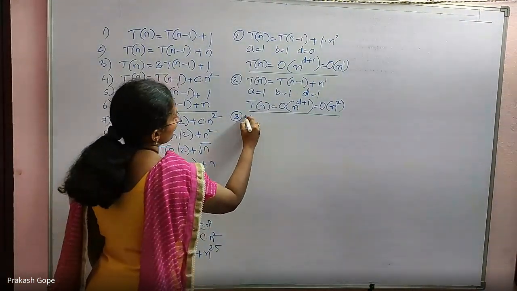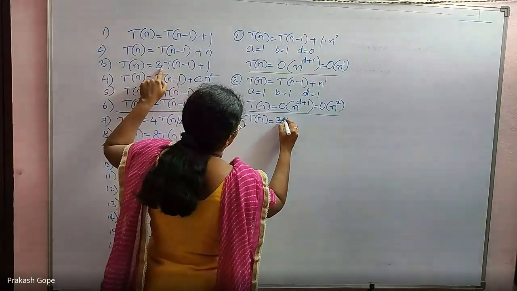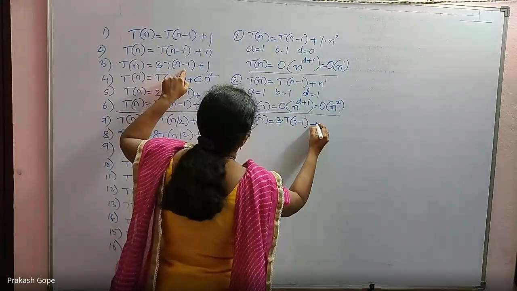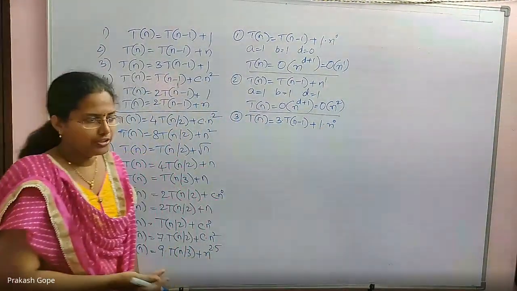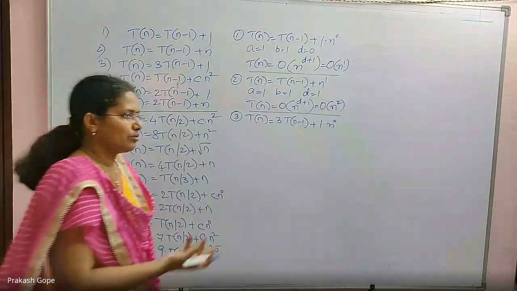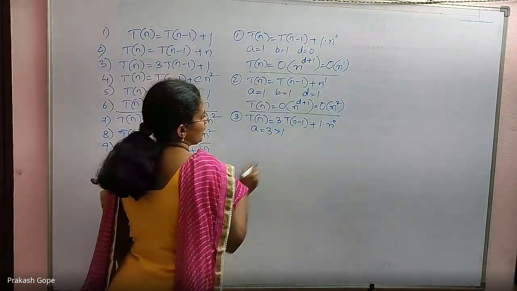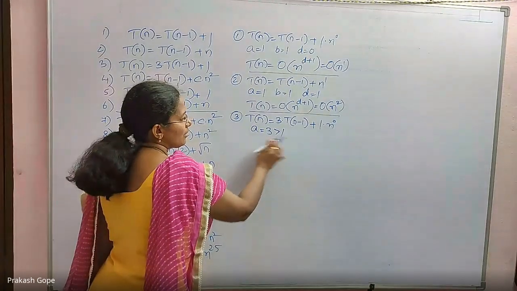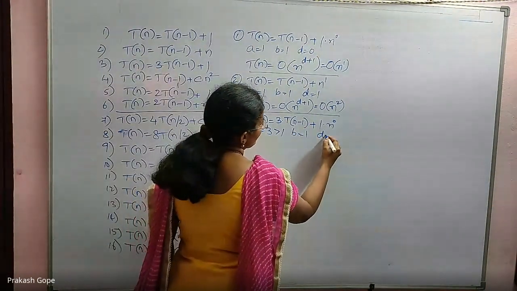Third question, T of n is 3 times T of n minus 1 plus 1. 1 means 1 into n power 0, that is the meaning. If it is a constant, it is constant into n power 0, polynomial format. A equal to 3, which is greater than 1. So it is the a greater than 1 case. B is 1, d is 0.